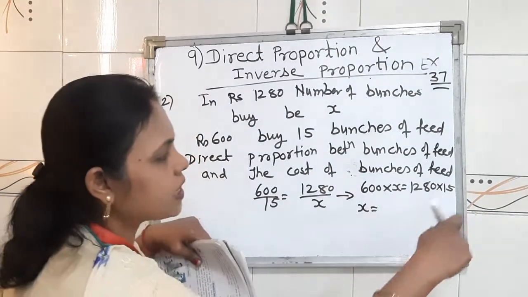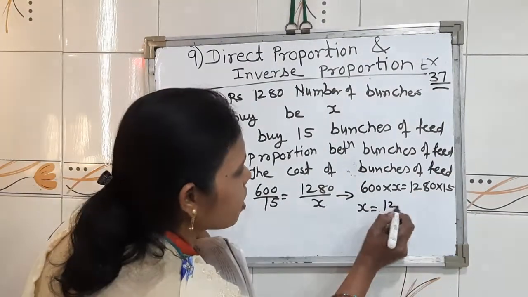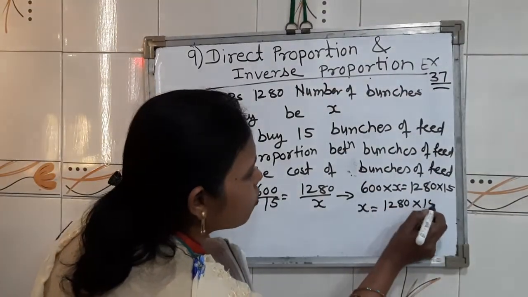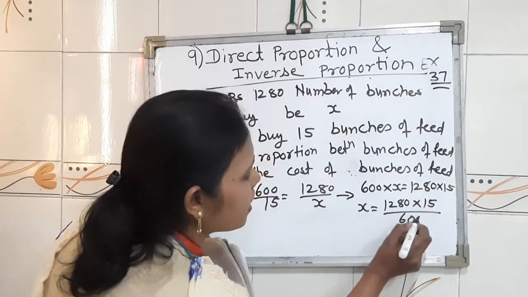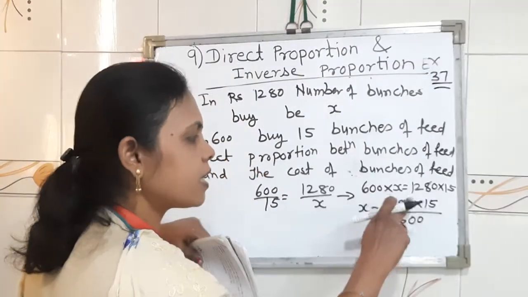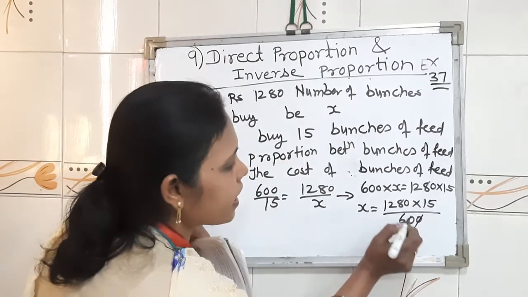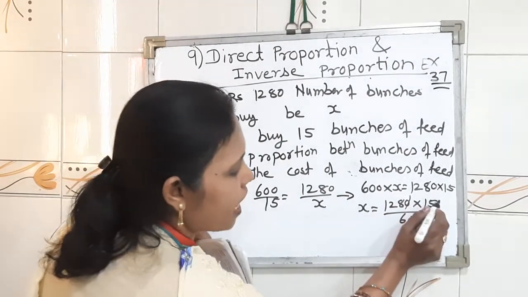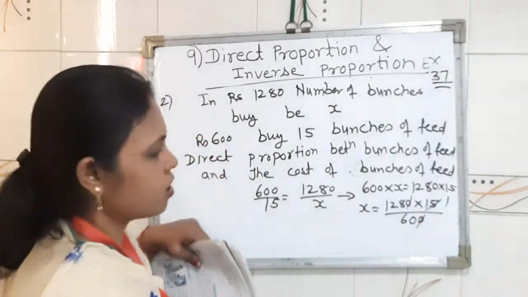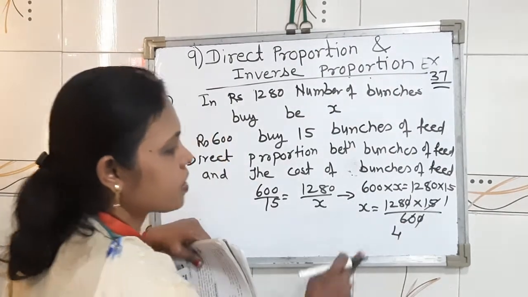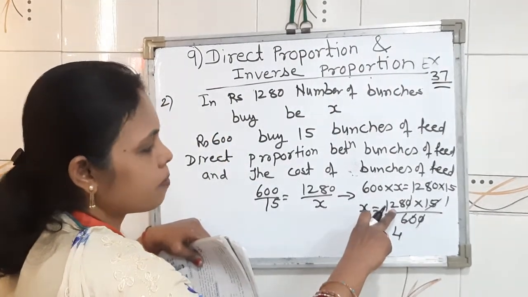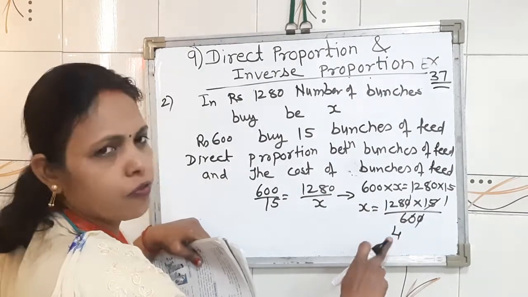This 600 we will take to the right hand side: 1280 into 15 upon 600. Now from numerator and denominator we will cancel 10. After that 15 ones are 15, 15 fours are 60. Now in the numerator remain 128 upon 4.